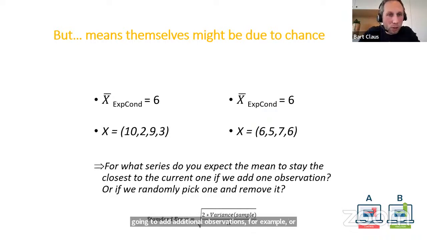What I'm basically referring to is the standard error of a mean, right? Which is related to the variance in the sample and inversely related to the sample size, right? And so the larger that variance in the sample, the more your mean is going to fluctuate as well, right?